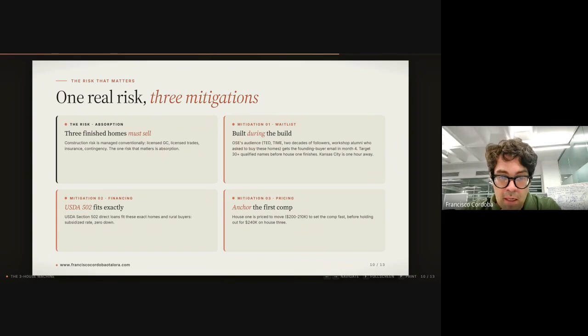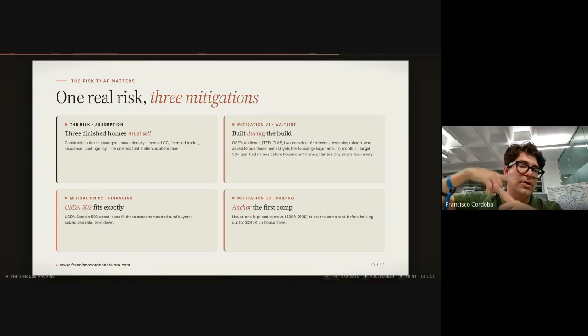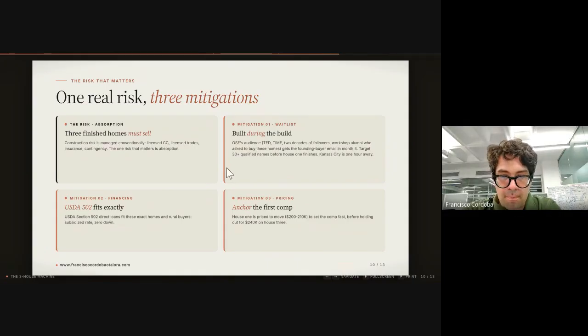And yes, anchor the first comp, meaning we build the first house and our goal is to sell it as fast as possible. Each milestone is achieved, each goal compounds on the other one and creates more trust. That's what I'm talking about, anchor.